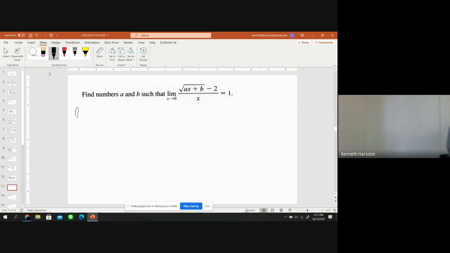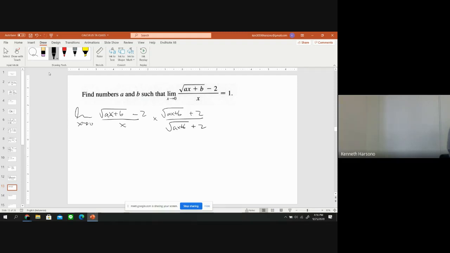So as the limit approaches 0, to solve this limit we usually use the conjugate, right? So we just multiply it by the square root of x plus b plus 2 over the square root of x plus b plus 2.